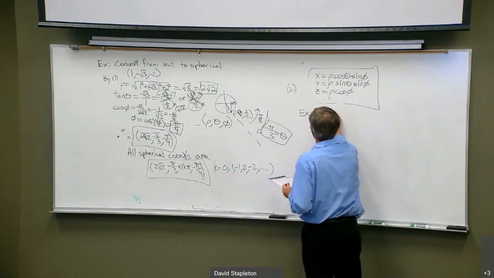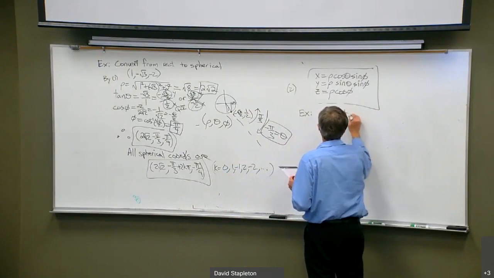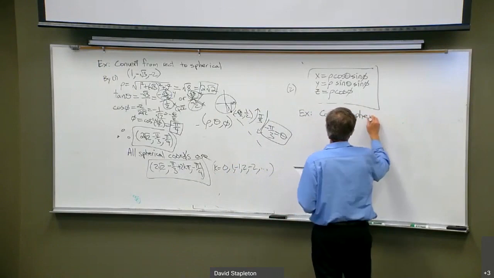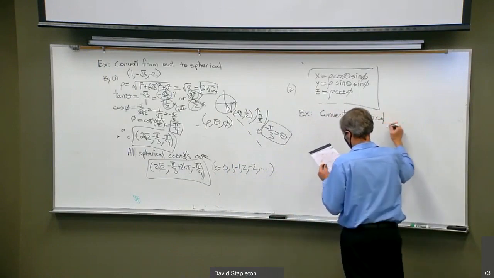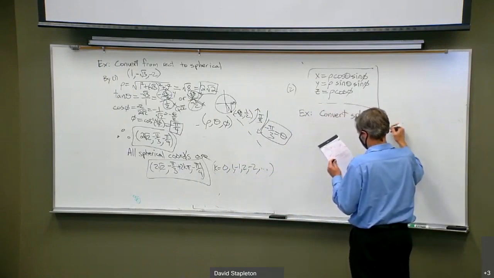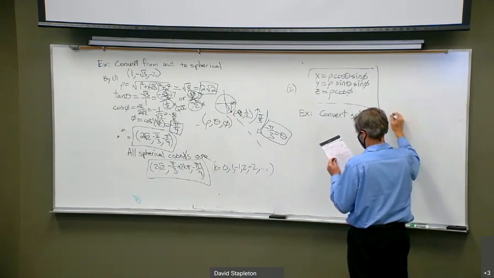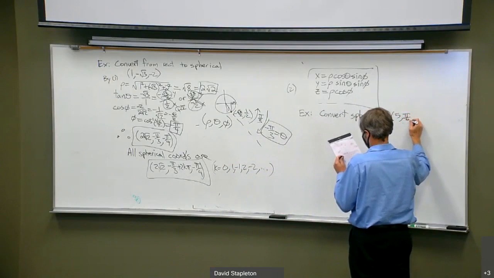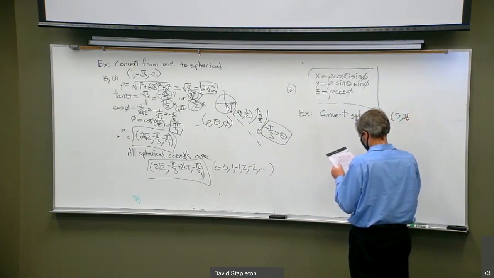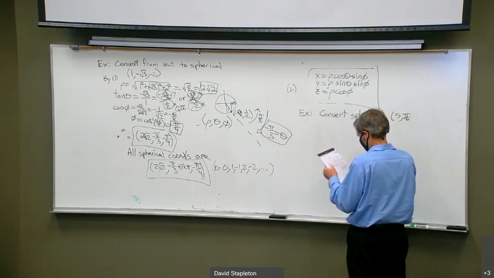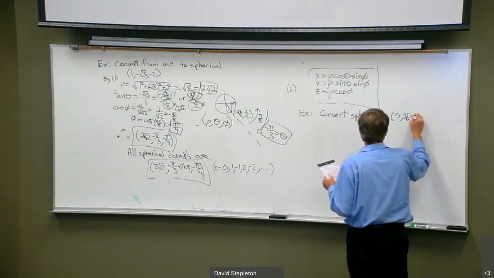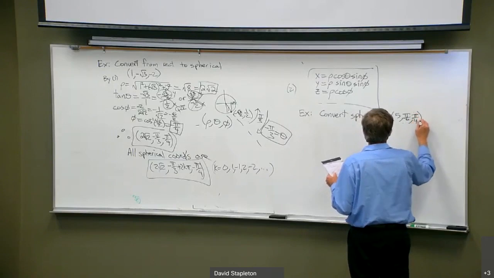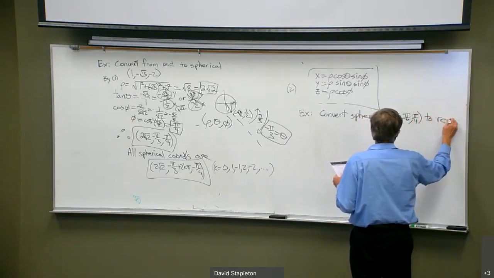Convert spherical coordinates, which are always in the order rho, theta, phi: 5, pi over 6, pi over 4, to rectangular coordinates.